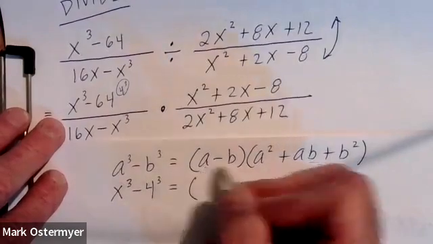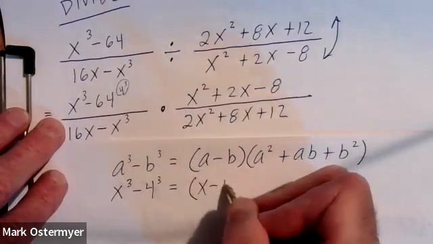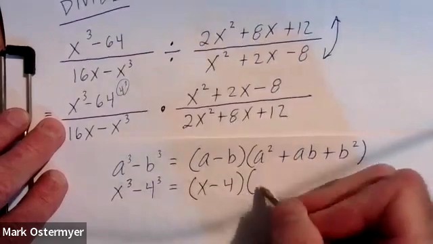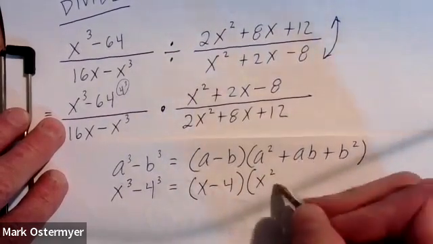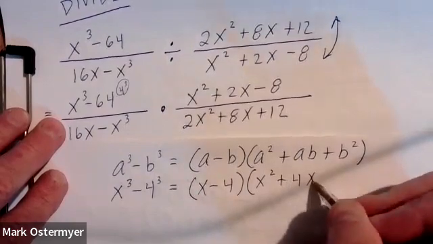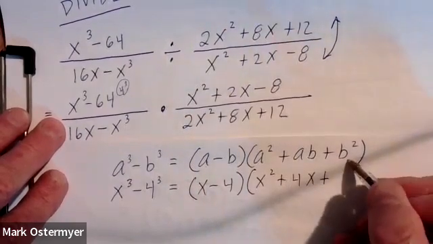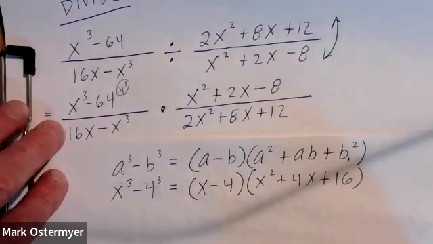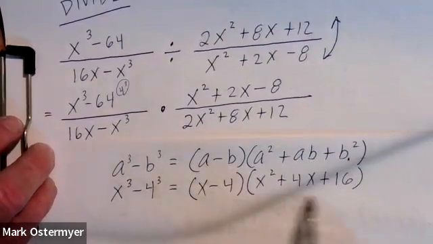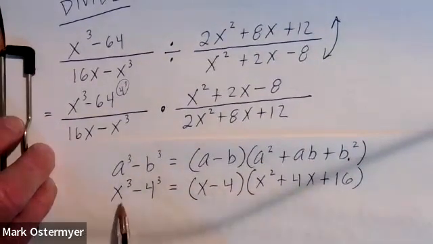We've got a minus b, which is x minus 4, times a squared, which is x squared, plus x times 4, which is 4x, plus 4 squared. But what's 4 squared at the end? It'll be 16. And there you go. This is the complete factorization of this difference of cubes, x cubed minus 64.